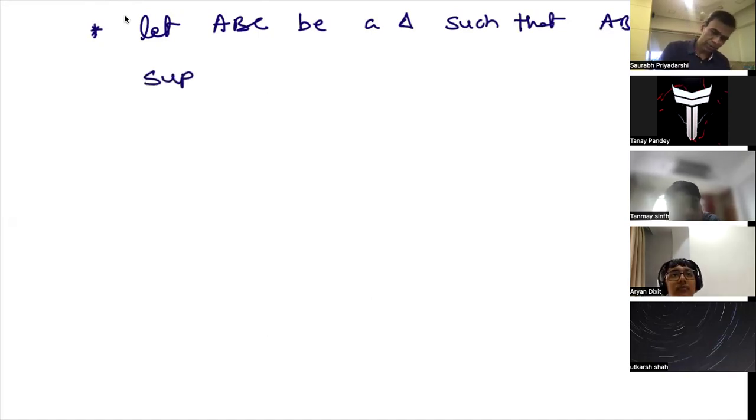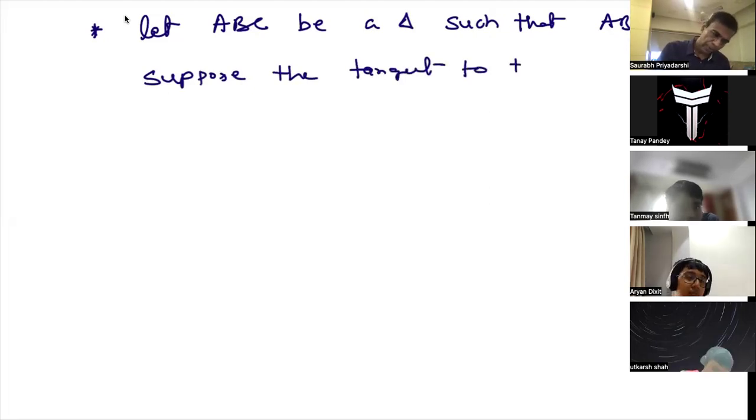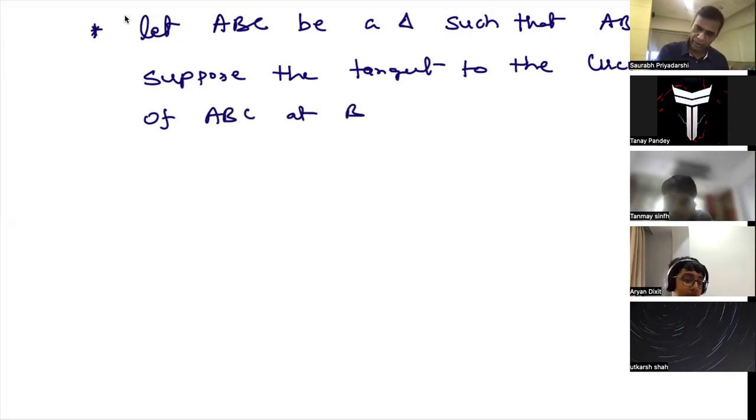Suppose the tangent to the circle of ABC at B is perpendicular to AC.